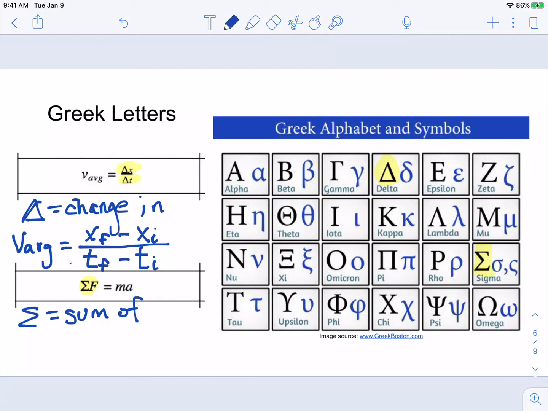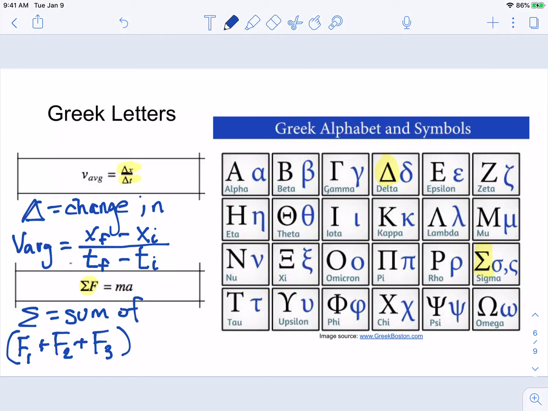Another way that I might write that, instead of sigma F, is to write force 1 plus force 2 plus force 3, depending on how many forces there are. That would be put in the place of the sum of the forces.